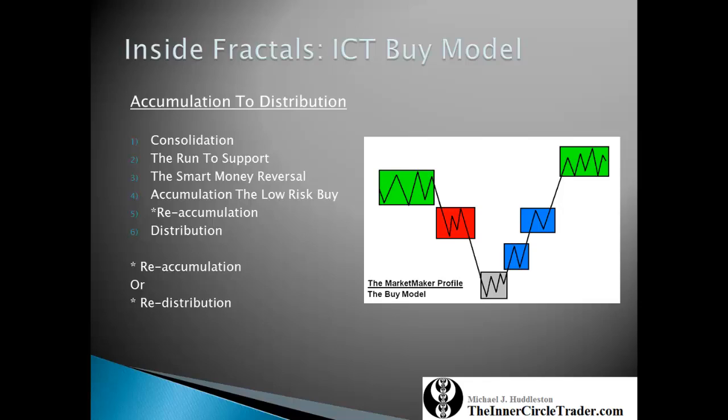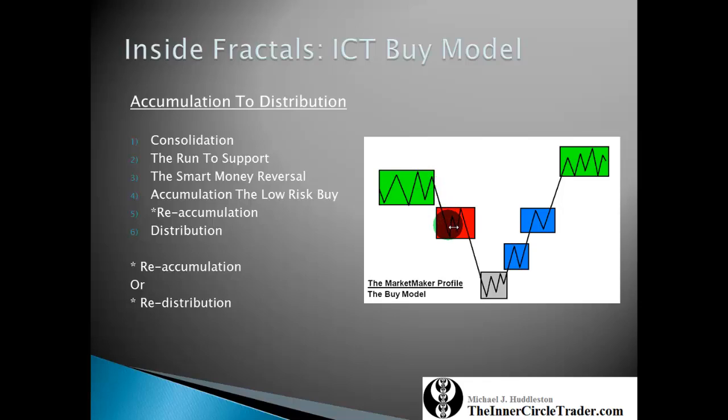So let's talk about specifically what an ICT buy model is. The first stage, when we're looking at this very abstract design, beginning on the left side of the overall pattern or model, is the initial consolidation. This consolidation in the first green box on the left side is the building blocks of the initial drop lower.